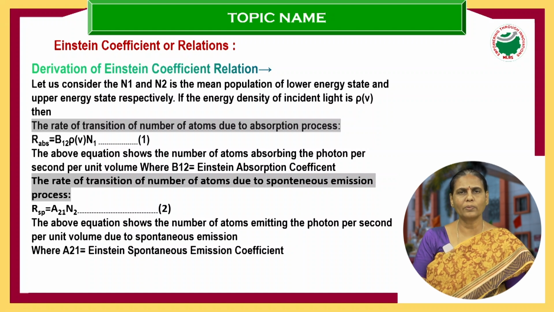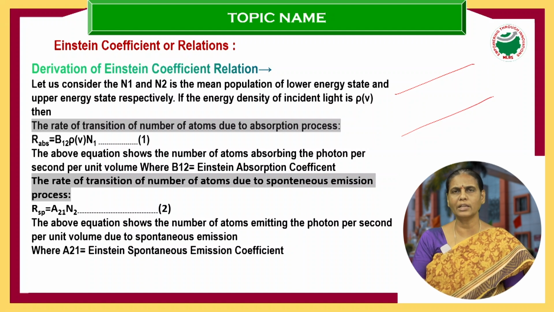Now, to explain the Einstein coefficients, to derive the relation between those three quantum processes, let us consider a two energy level system. The basic system is a two energy level system.